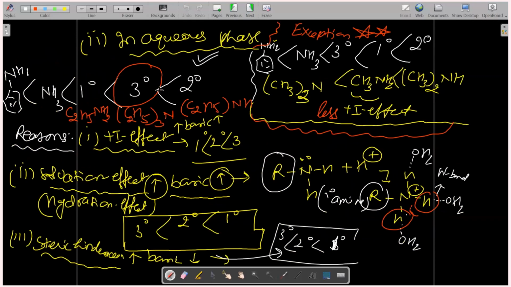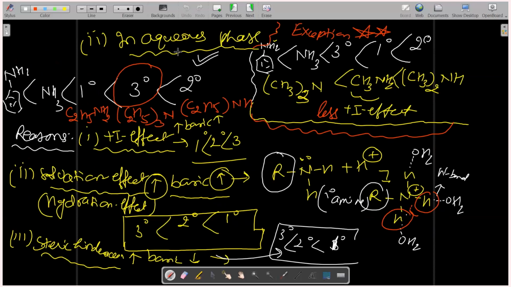Now when we discuss the aqueous phase, is the order the same as it was in gas phase? No. Why is it not the same in the aqueous phase? Because in aqueous phase the water is there.